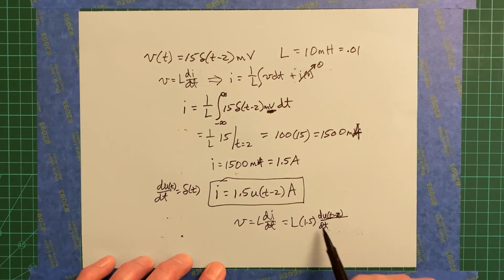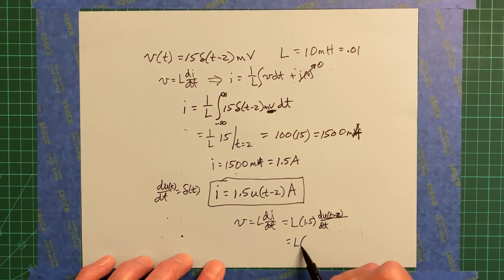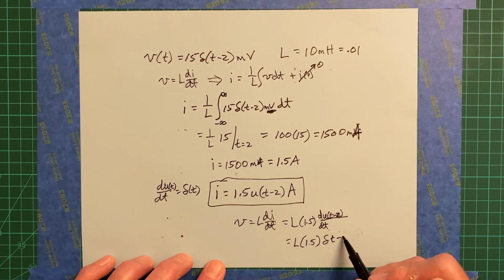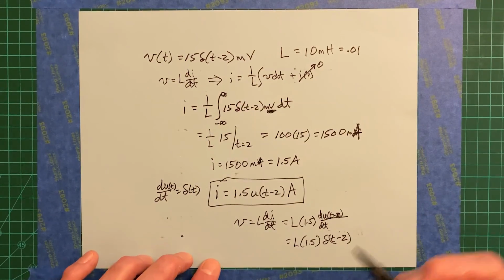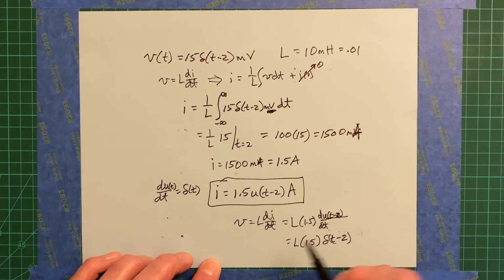So what is that? That is just the delta of t minus 2, so it's going to be L times 1.5 times delta of t minus 2. And the L is 0.01, multiply by that, and you end up with 15 millivolts for your voltage then.